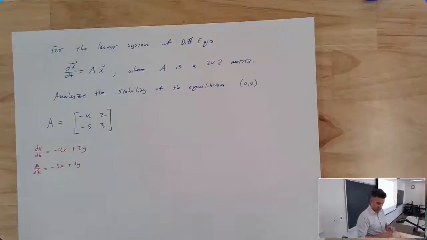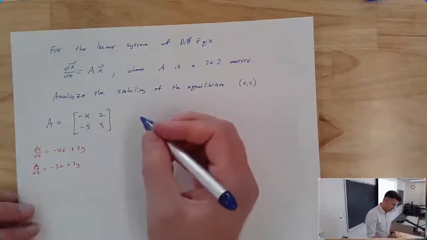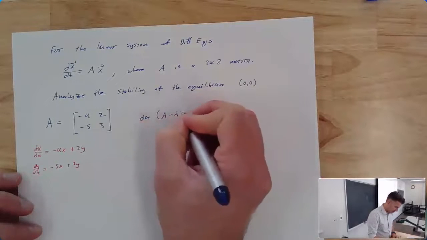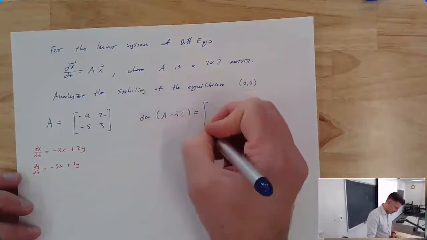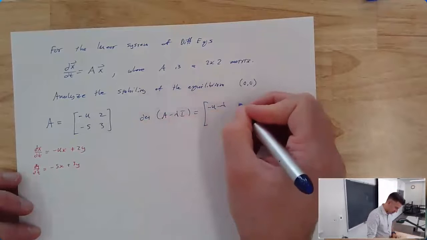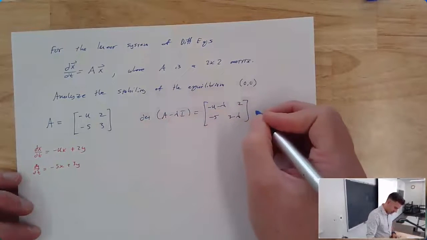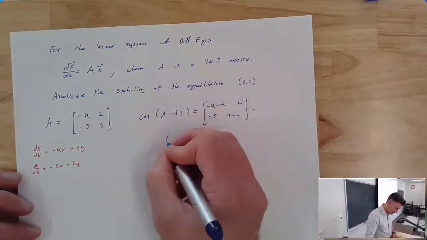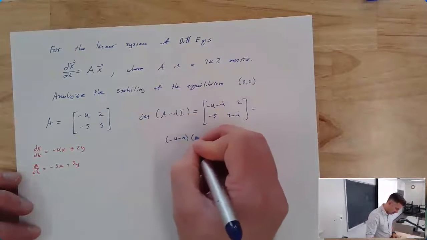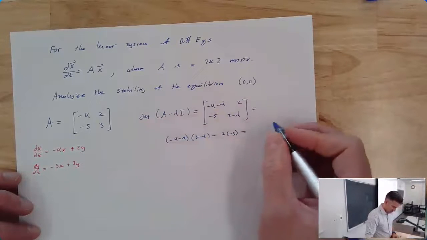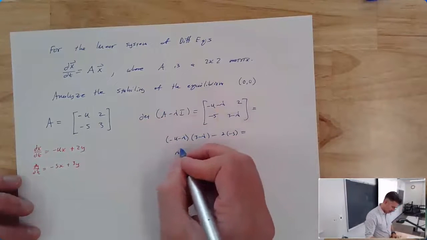If I want to find the eigenvalues, there's a couple ways of finding the eigenvalues. Let's just do it the normal way. So we're going to find the determinant of A minus lambda I, which is just [-4 minus lambda, 2; -5, 3 minus lambda]. If we take that, we're going to get -4 minus lambda times 3 minus lambda minus 2 times -5, which is equal to lambda squared.